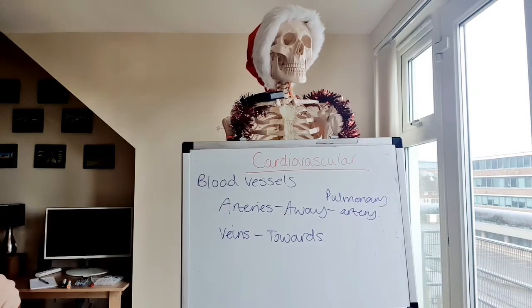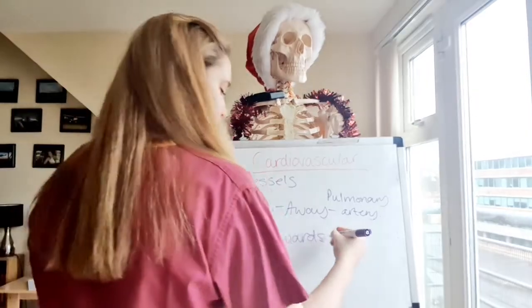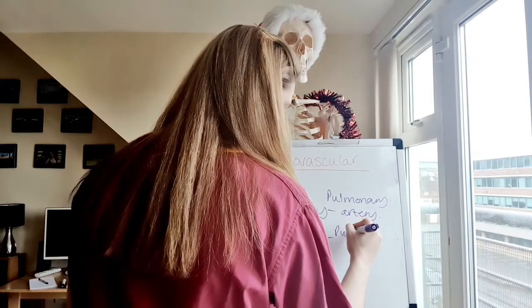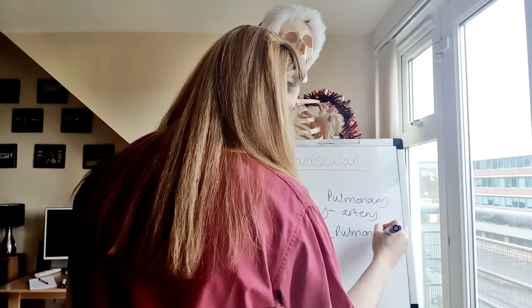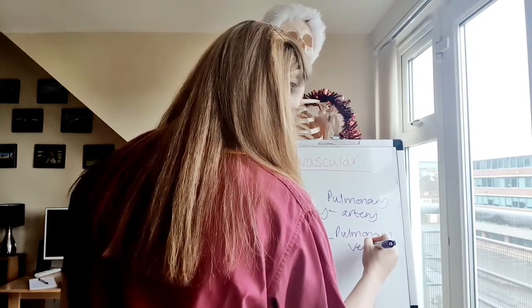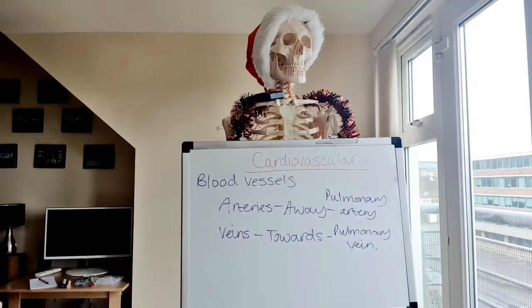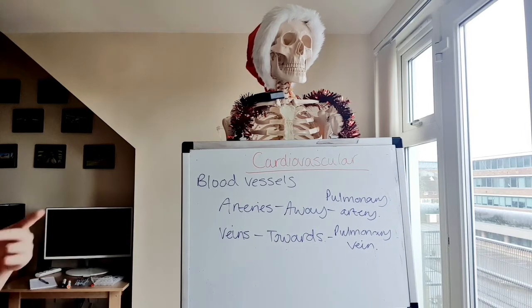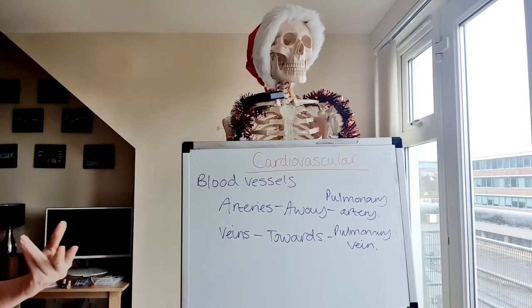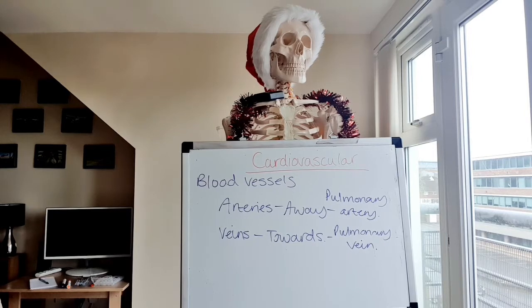And all veins, except, you guessed it, the pulmonary vein. Okay, so just two really important things to remember. All arteries will carry oxygenated blood apart from the pulmonary artery, and all veins will carry deoxygenated blood apart from the pulmonary vein.